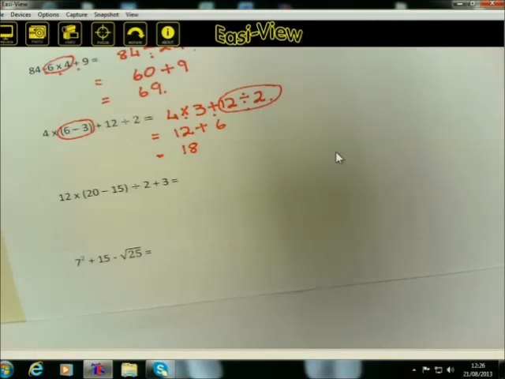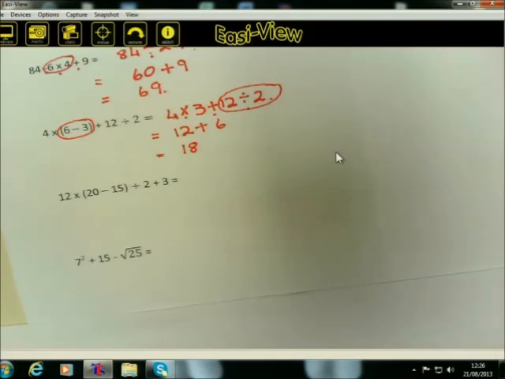Okay, grade 12. Let us also talk about using the square root sign or the square function. When you are using a square root sign, or when you are going to square a number, we give them the same value as the bracket signs. In other words, we always do the squares and the square roots first.